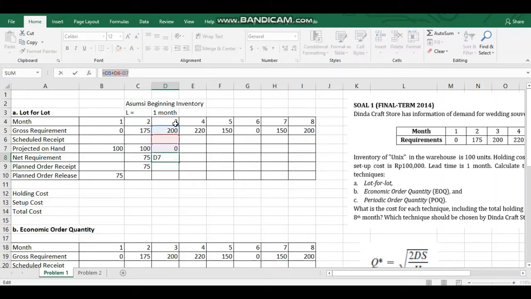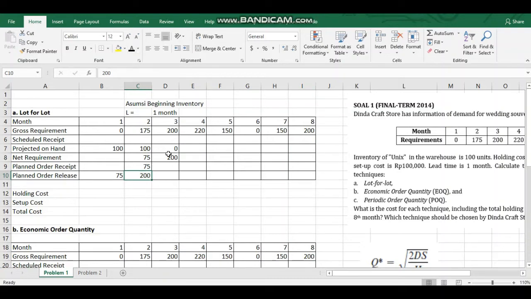We get it by gross requirement plus scheduled receipt and then minus the projected on hand. So this is our requirement while we have no inventory at all. So we have no units to fulfill the requirement. It means we have to place the order to fulfill the net requirement. And when will we place the order? It depends on the lead time. Since the lead time is 1 month, we have to order 1 month before.